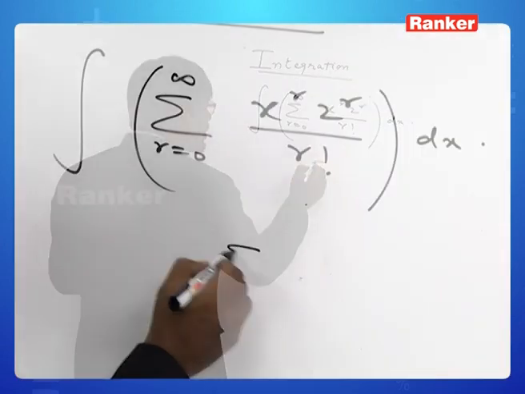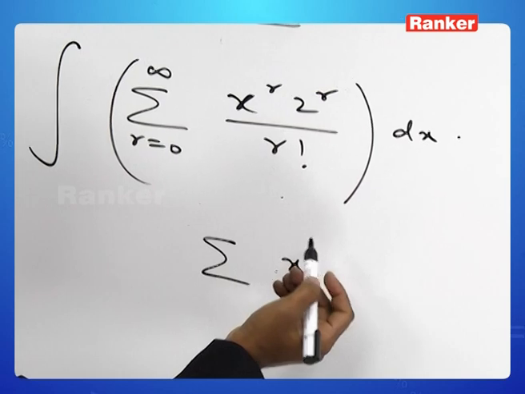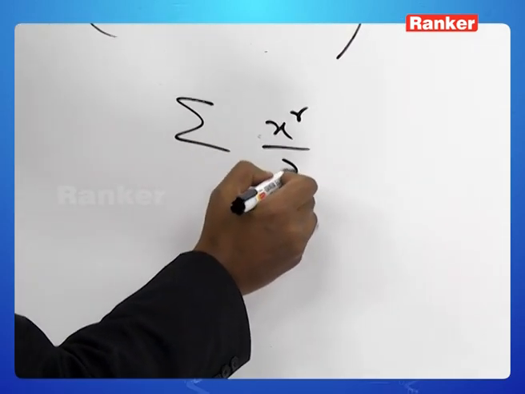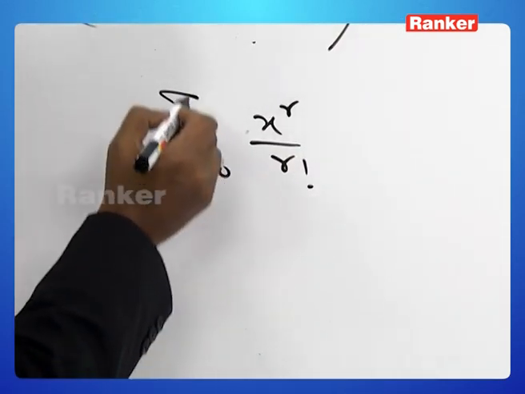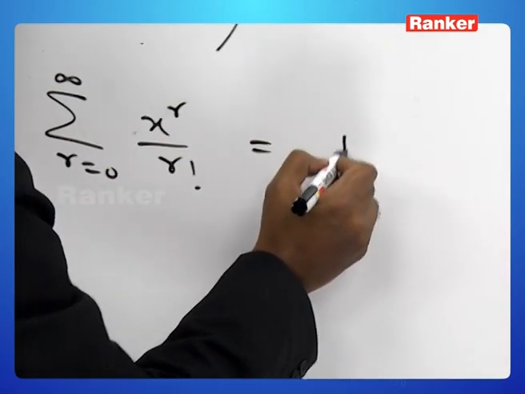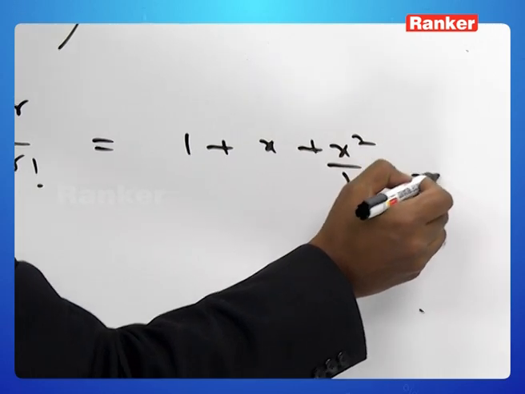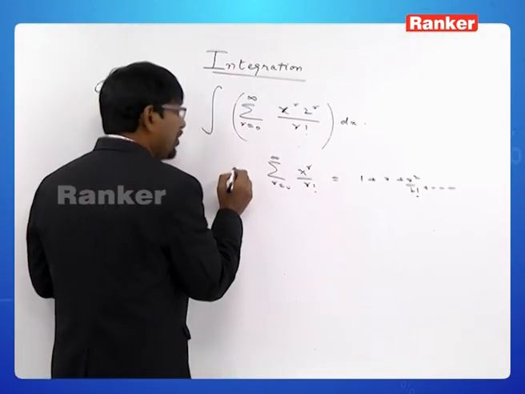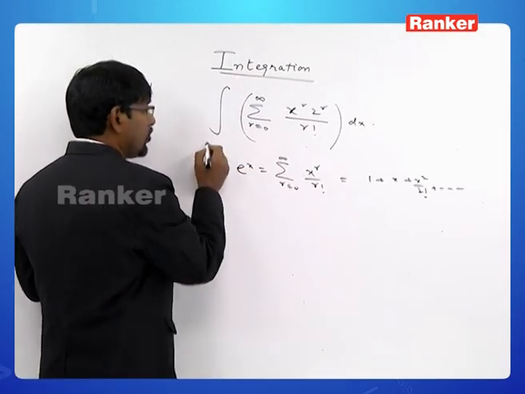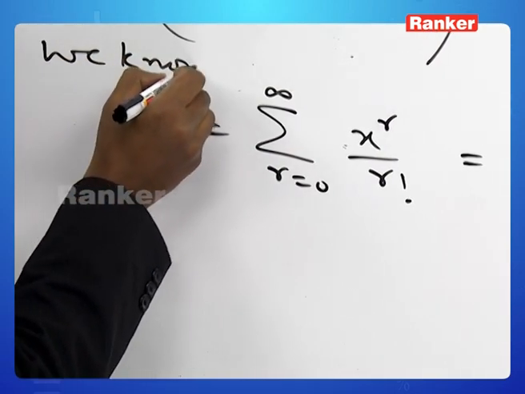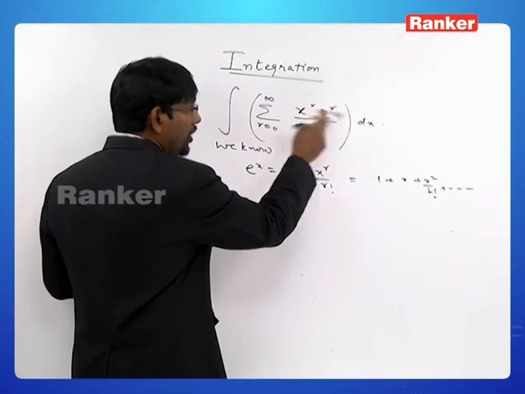Now we know that sigma x power r by r factorial, r ranging from 0 to infinity, that is 1 plus x plus x square by 2 factorial and so on. This is the expansion of e power x. We know this. So instead of x, we have 2x, that's all.